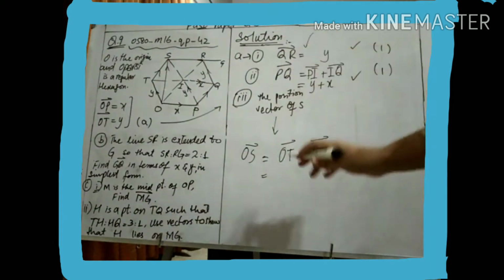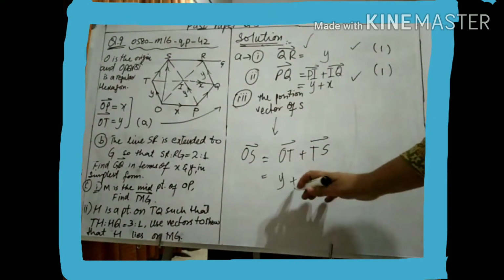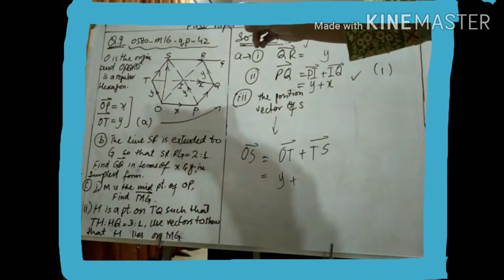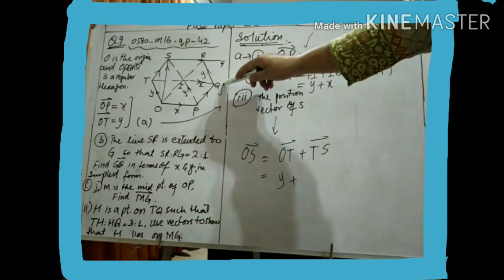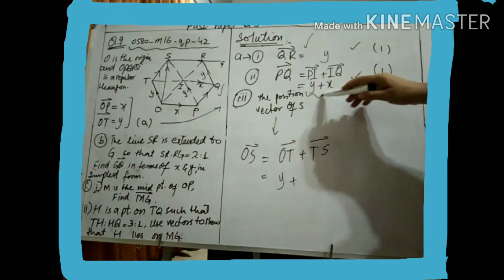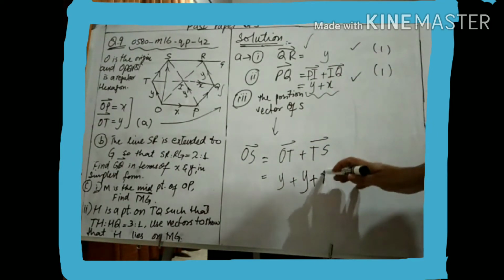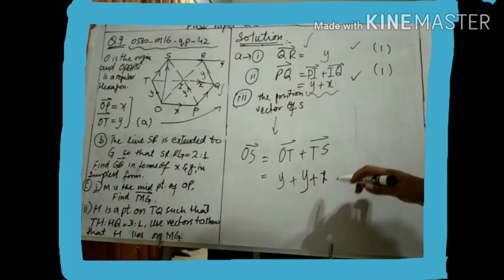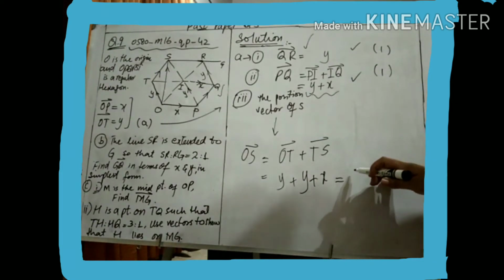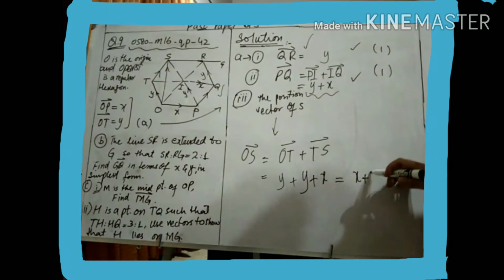OT is Y and TS is parallel to PQ. PQ is this, so write down the same value for TS. Now simplify it. It will be X plus 2Y.